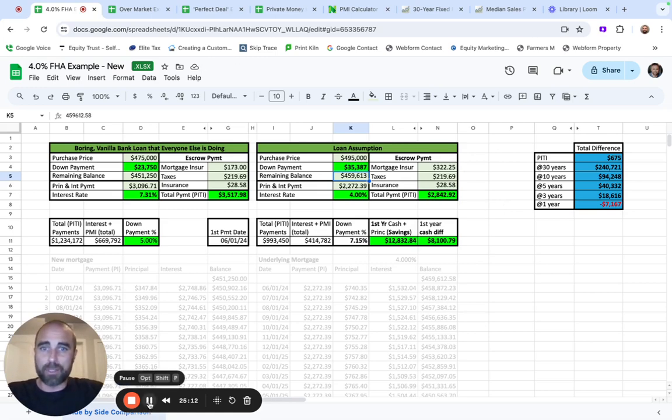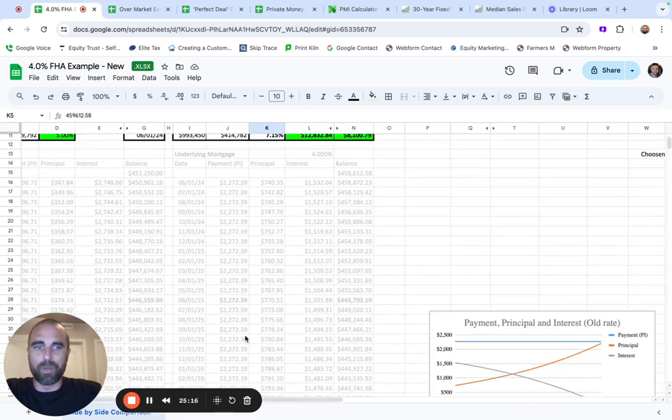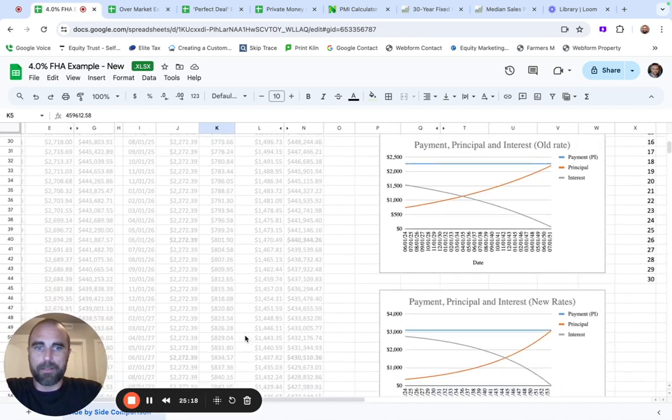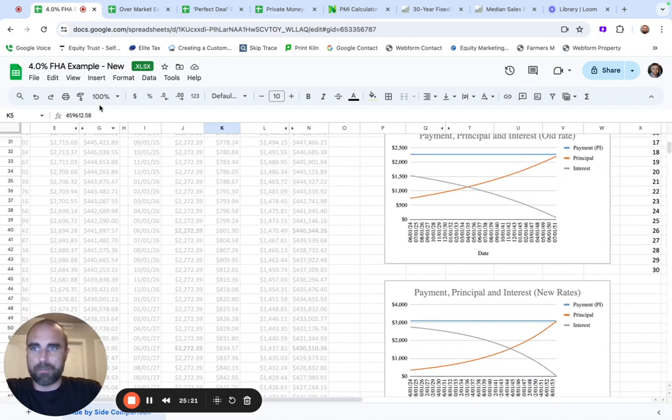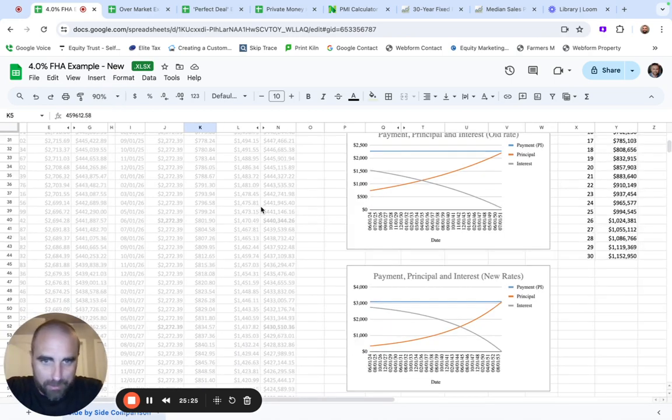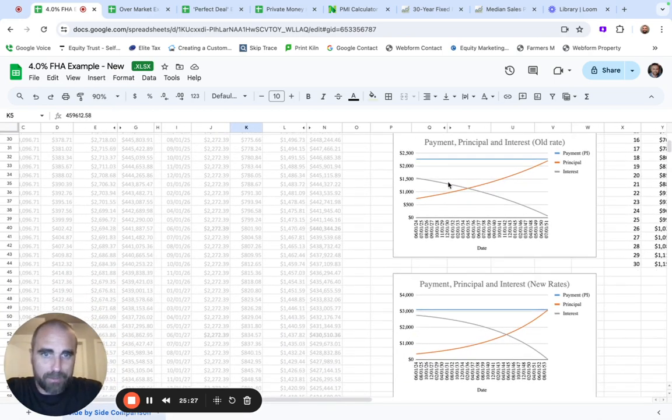The last thing I want to show you with this is a graphical representation of what we're looking at here. This is the amortization shown graphically right here. Here we have the interest rate of yesteryear. Look at the legend.